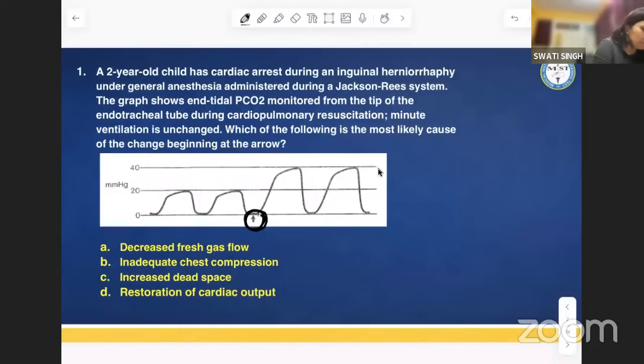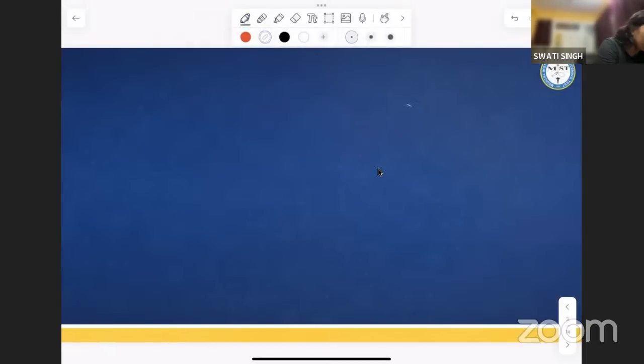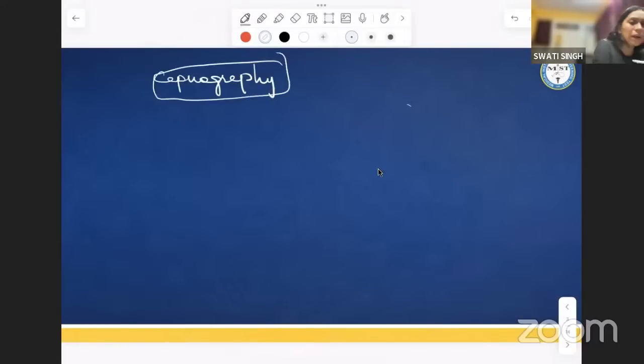But let us discuss a few things about capnography during cardiac arrest. So capnography, during cardiac arrest. This monitor has become a mandatory monitor in CPR, and we need to attach it to the patient if we have put an airway device.